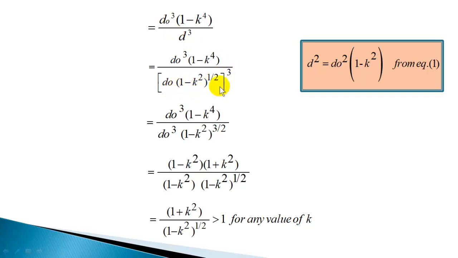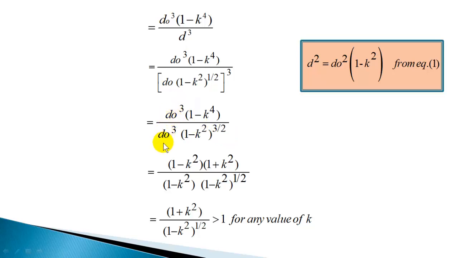This is the substitution for d cube. So on the numerator you have d naught cube into 1 minus k to the power of 4. In the denominator you have d naught cube into 1 minus k square to the half, raised to 3. So that will make it 3 by 2. So 1 minus k square raised to 3 by 2.